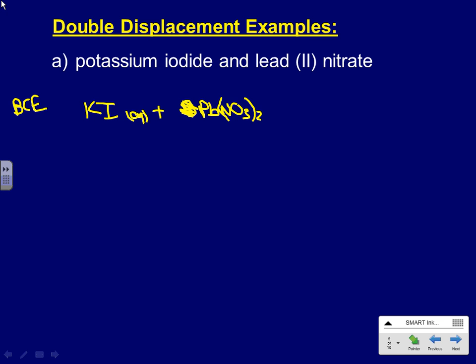Pb(NO3)2, and what is it? Aqueous. Okay, 2 something, 2? 2KNO3, and what's it? Yep, they're all aqueous, yep.